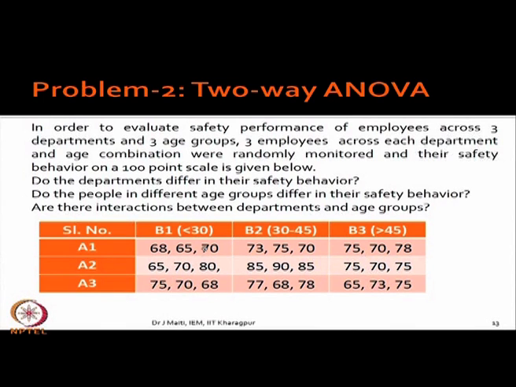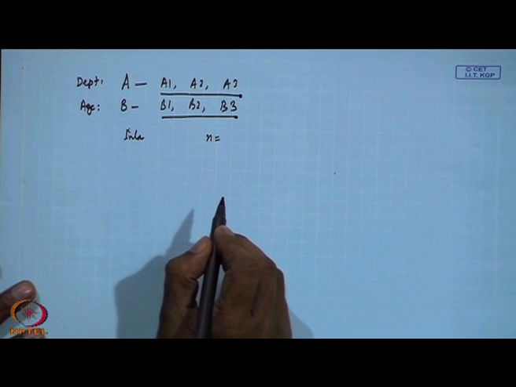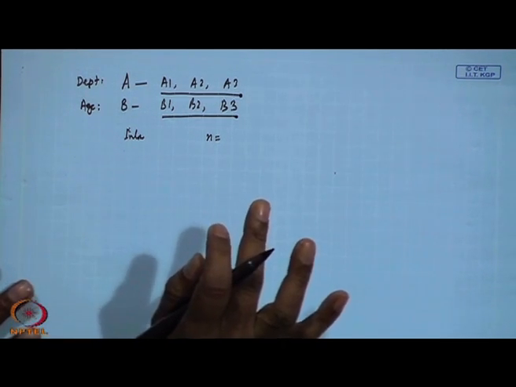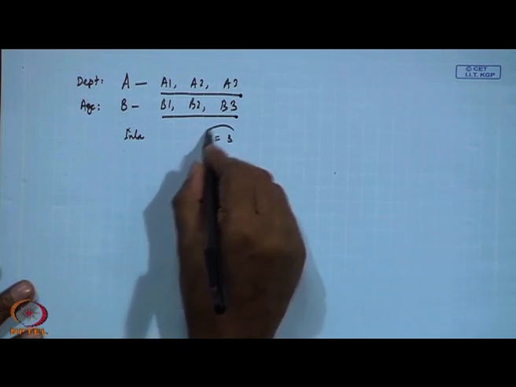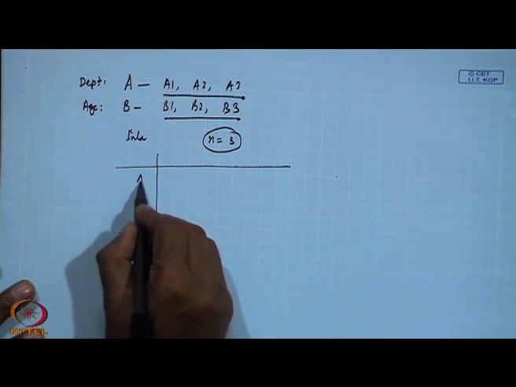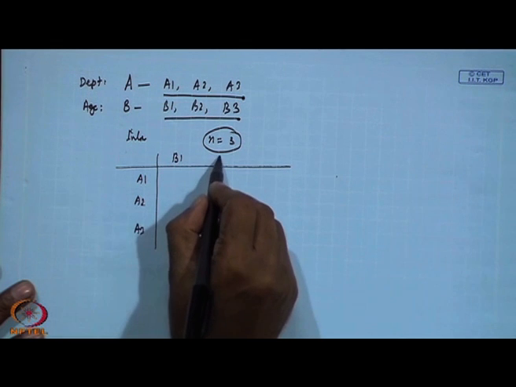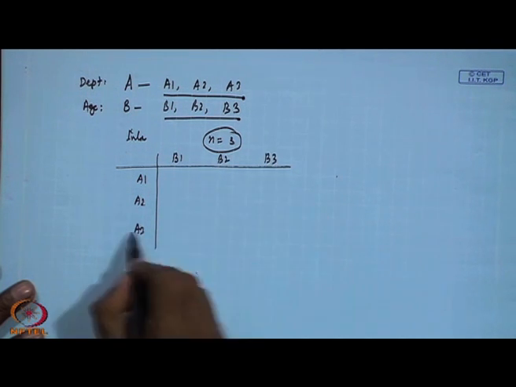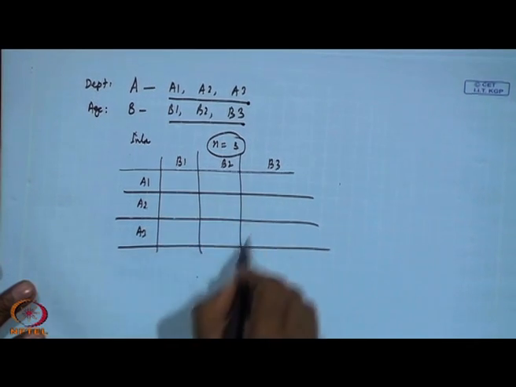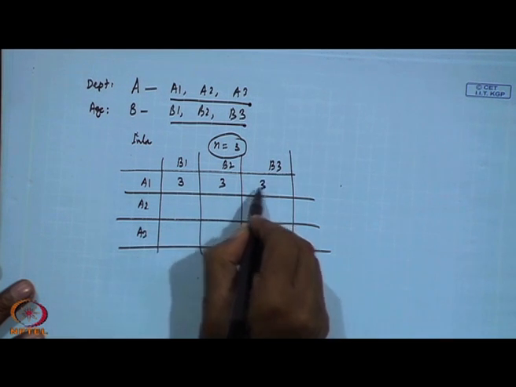Now, suppose 3 data points, equal sample sizes. It is again suggested that it is better you go for equal sample sizes whenever possible. So, here n equal to 3, with 3 departments A1, A2 and A3 and 3 age groups B1, B2 and B3. So, 3 data points in each cell.